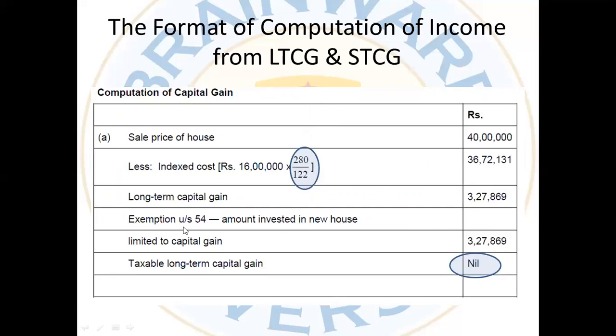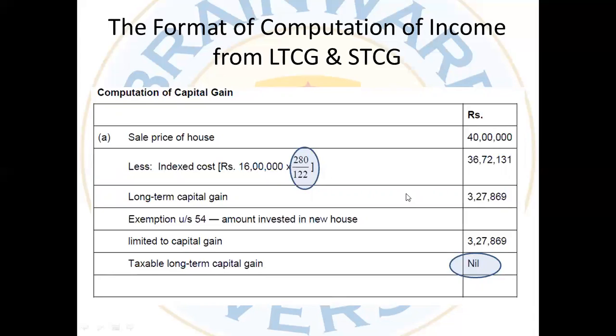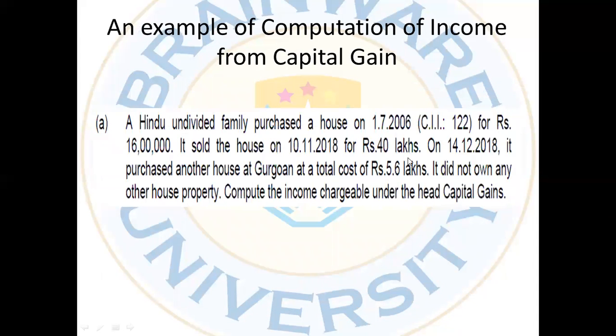Now what is the exemption under section 54? Look at the sum. After selling, they purchased another house at Gurgaon for rupees 5.6 lakhs on 14/12/2018. That means the person will get a deduction of the minimum of this 5.6 lakhs and the capital gain which he had incurred.